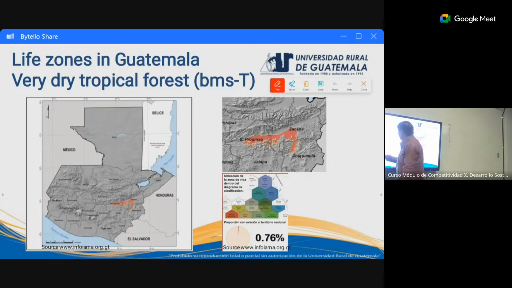That is a small area we can see here through, as I said before, El Progreso, Zacapa, and Chiquimula. Then there's, let's say, a zoom here where we have the departments of El Progreso, Zacapa, and Chiquimula.